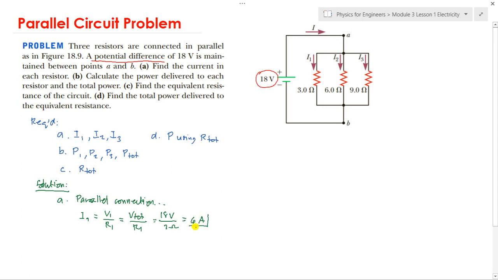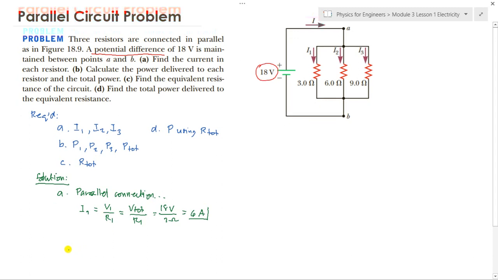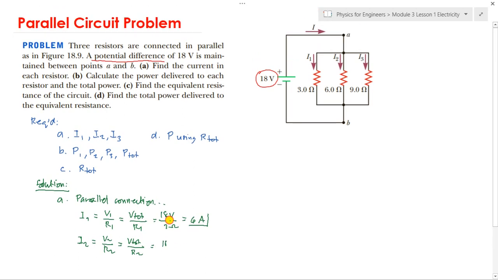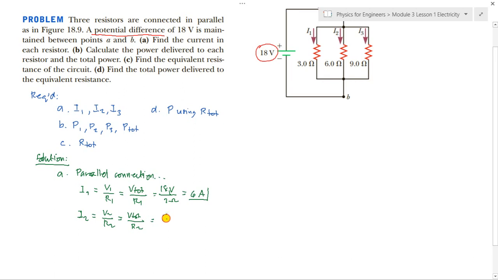So that is I1. Next, for I2, for parallel, that is equal to V2 over R2. That is the total voltage, or the voltage at the source, 18 volts, divided by R2, which is 6 ohms. Therefore I2 is 3 amperes.